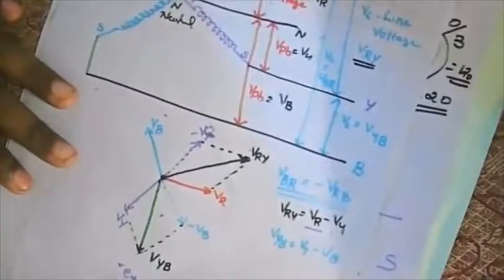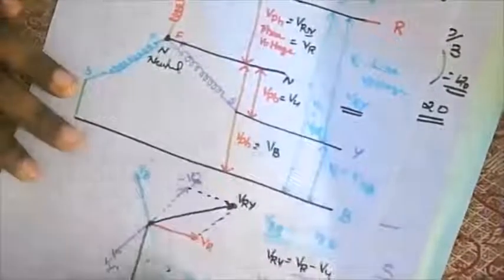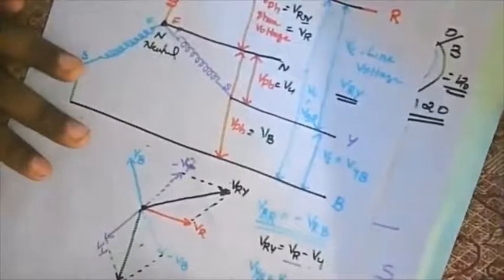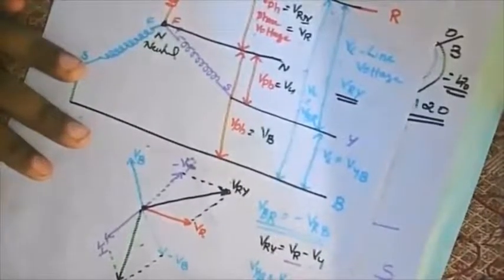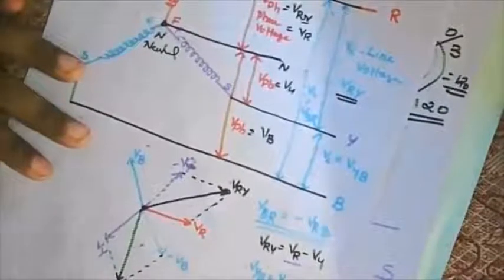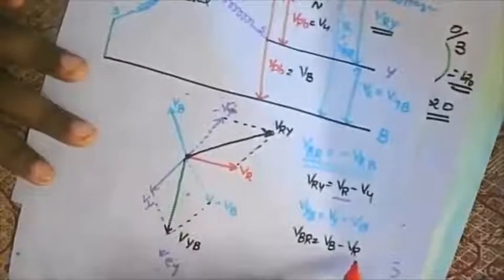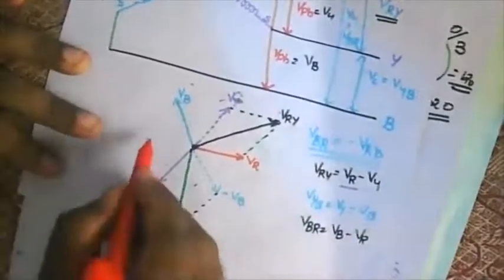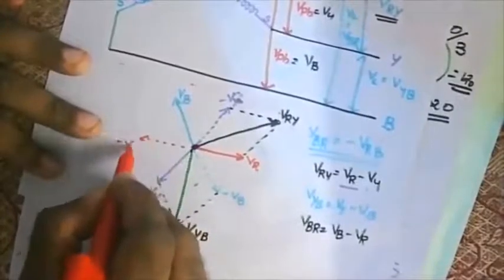Now, what is the third one? Third one is VBR. What is VBR? VB minus VR. VB is this one. Minus VR means it should be extended in negative direction. Minus VR.